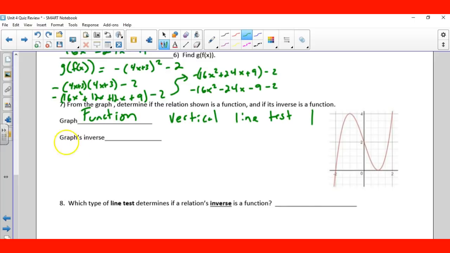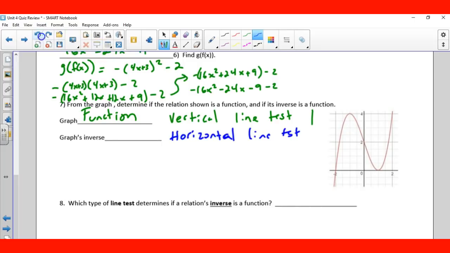Now, for the graph's inverse, we use the horizontal line test.